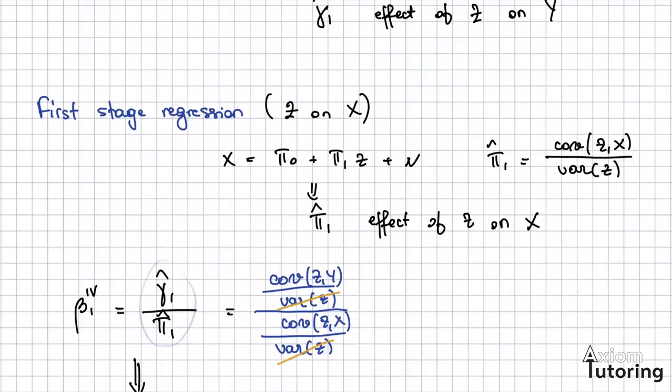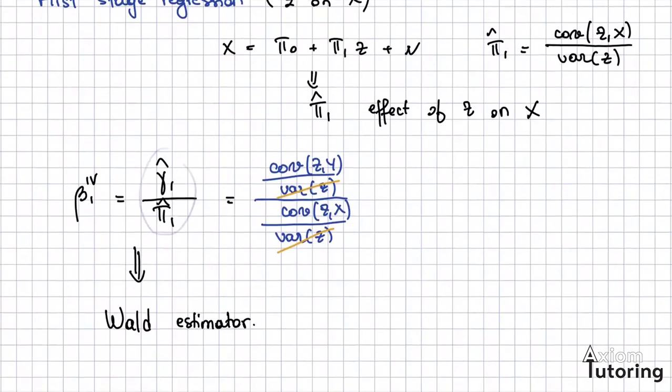Now, why does the Wald estimator make intuitive sense? Think about it in terms of what we're measuring. Z moves x by pi 1 hat units. That same movement in z also causes y to move by gamma 1 hat. So the effect of one unit of x on y is basically the ratio.